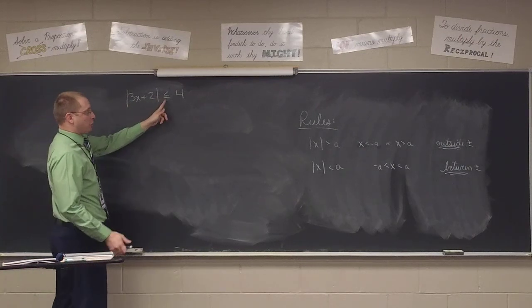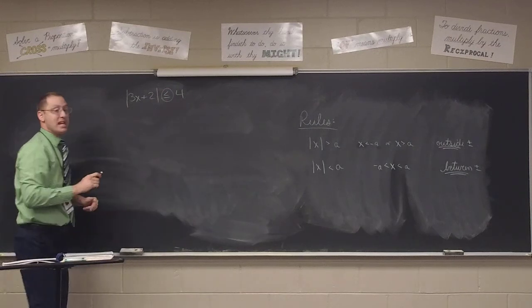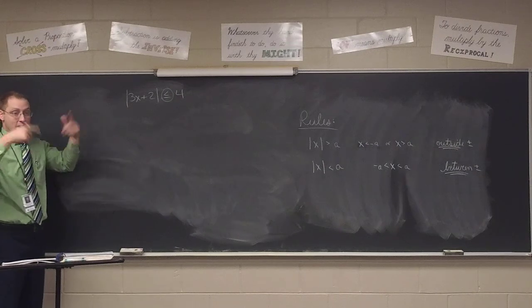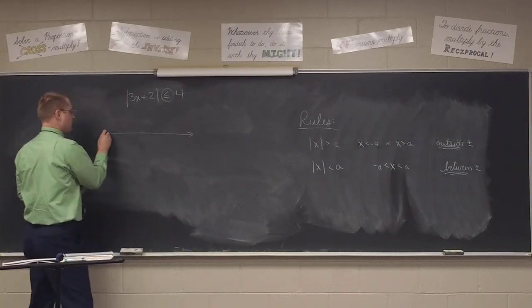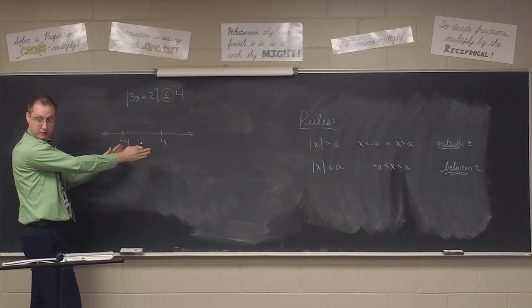However, because it's not equal to, I don't set it equal to positive negative 4. Class, I'm going to set it less than means I'm going to go where? Inside or outside? Inside. What I recommend my students do is draw a very quick sketch graph of the positive negative 4.